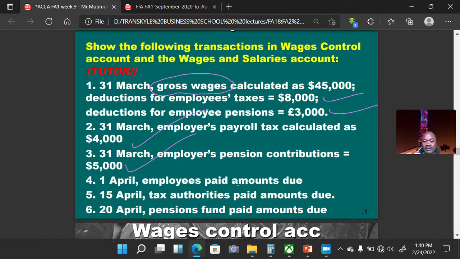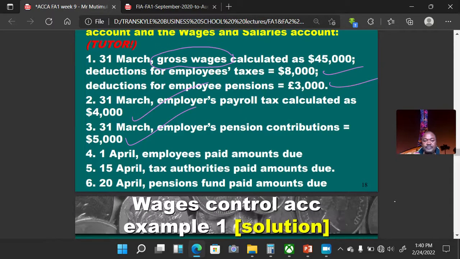On 1 April, employees were paid amounts due. Then on 15 April, tax authorities were paid the amount due. So all these amounts which were due were paid on these particular dates. And then on 20 April, the pension fund was paid amounts due.